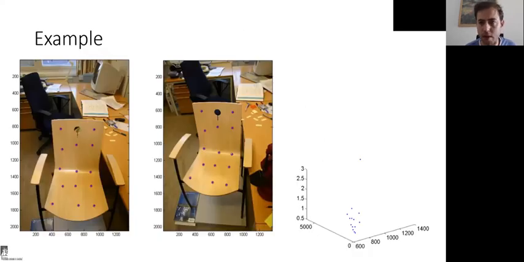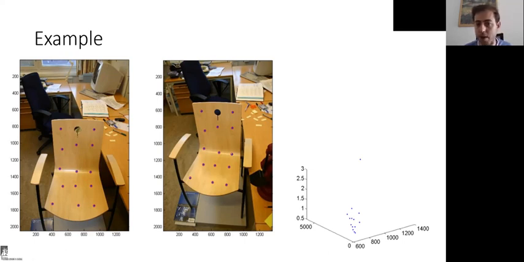Okay, cool. So let's see a complete example for the two-view structure from motion problem and how it's solved. We are given two images with point correspondences between them. We calculate the fundamental matrix between the views using the 8-point algorithm.